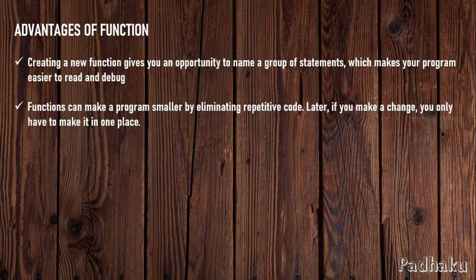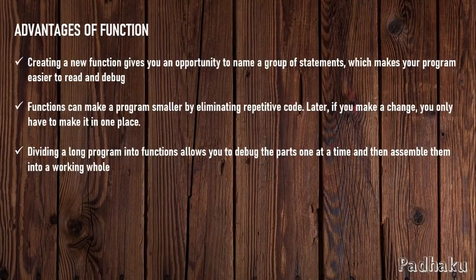The second one is that a function can make a program smaller by eliminating repetitive code. As I gave an example of sum, instead of writing the code of summation, we can write a function which we can use repeatedly in our program.